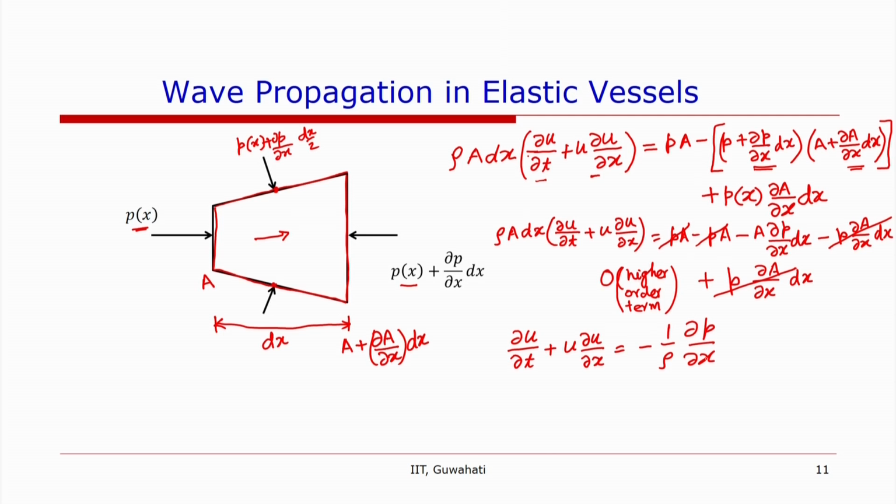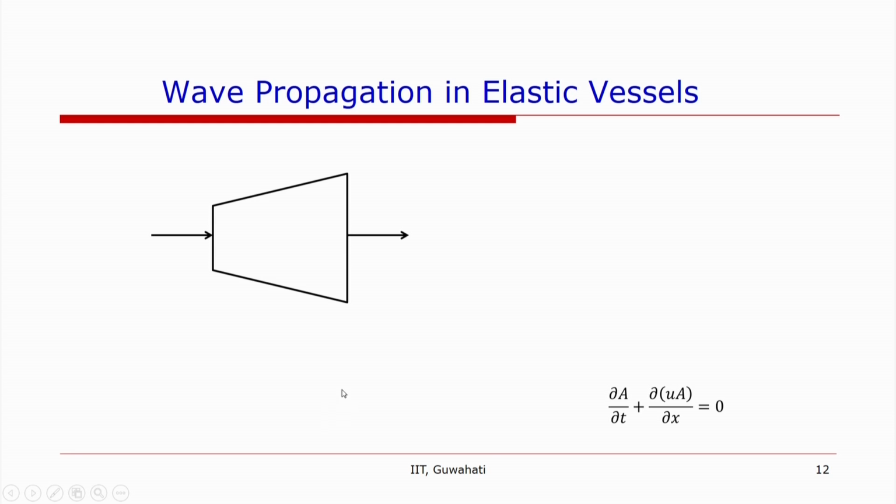So this is our force balance or momentum equation: del u by del t plus u del u by del x plus 1 over rho del P by del x. Remember that this is the term which has non-linearity. Here we have multiplication of u with u. So this is the non-linear term in this equation.